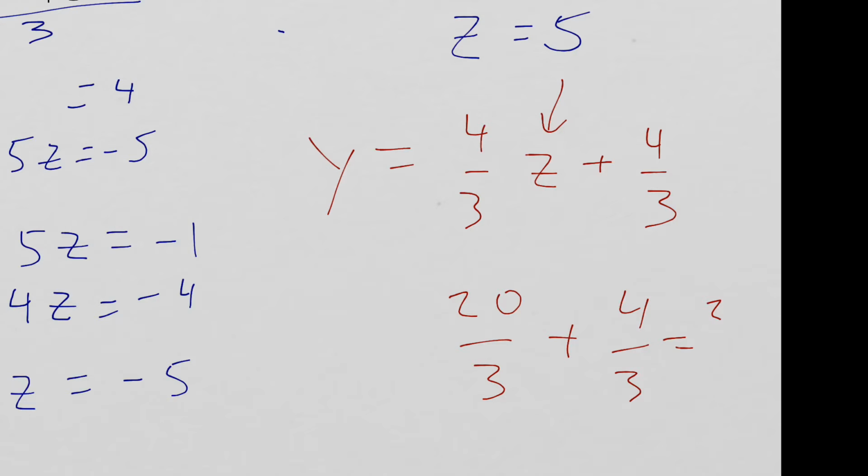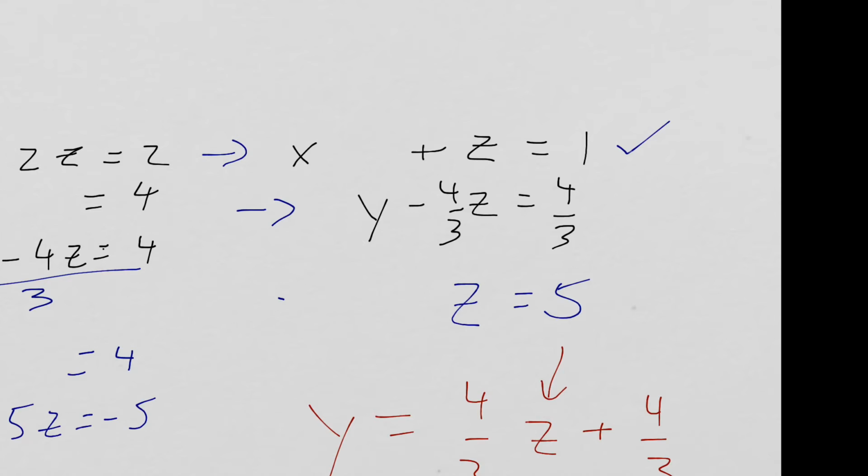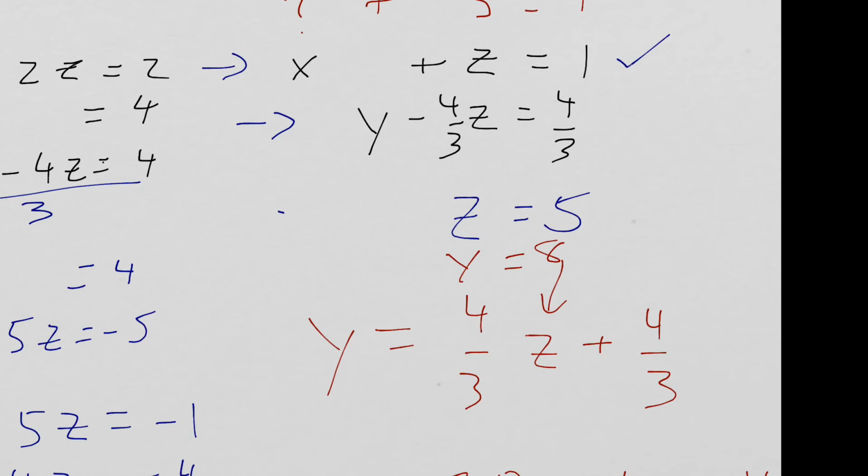It is 24/3. 24 divided by 3, this should equal 8. So y equals 8. And then if z is 5 up here, what plus 5 equals 1? So x must be negative 4.